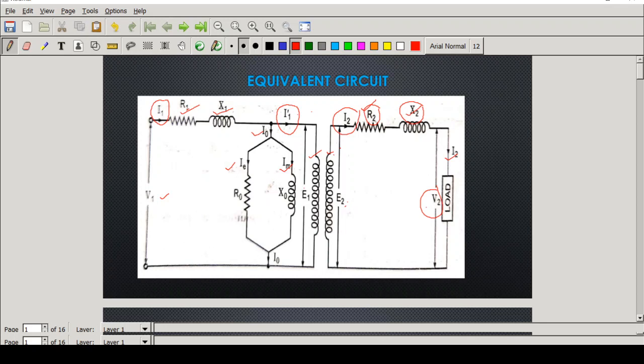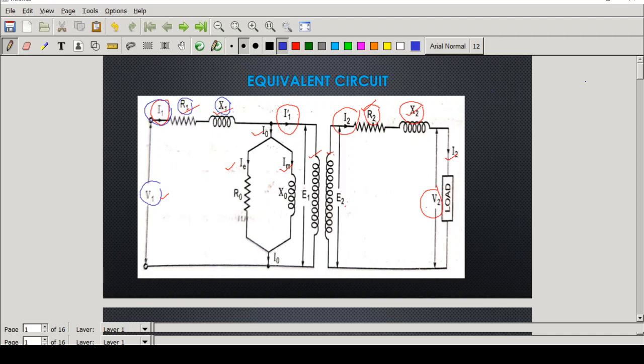Then you call it the equivalent circuit referred to the primary side. Again, you can have the equivalent circuit referred to the secondary side also. For that, we transfer the resistance R1, the reactance X1, the voltage V1 and the current I1 to the secondary side.